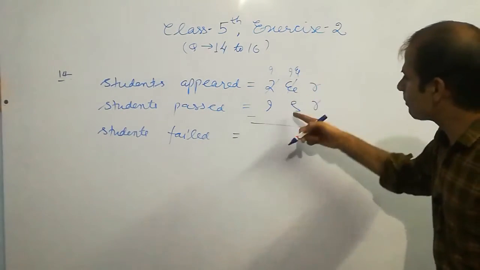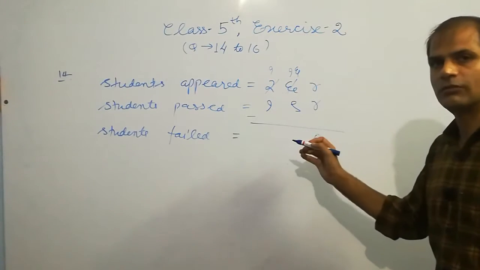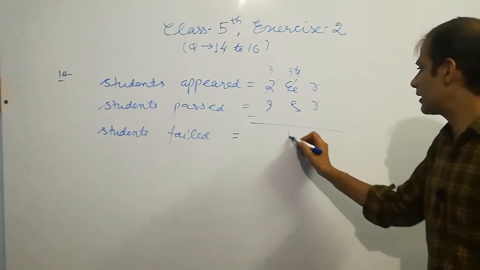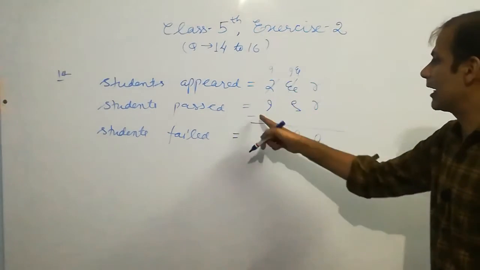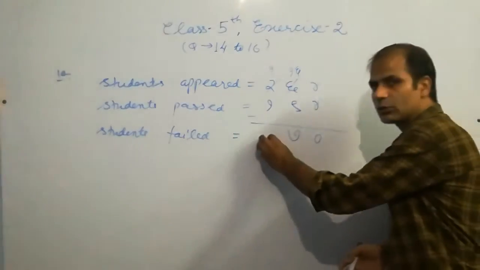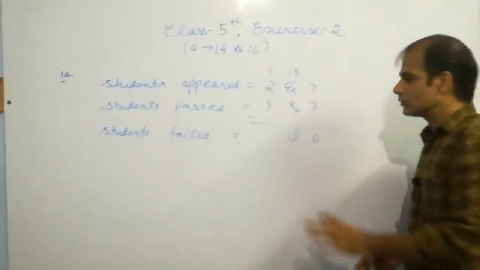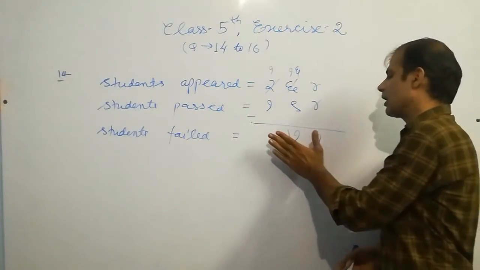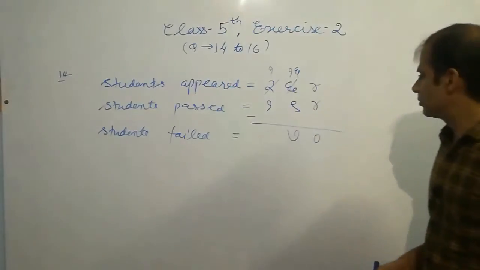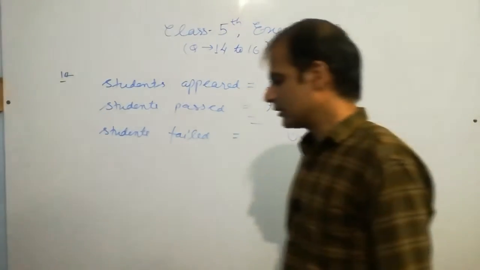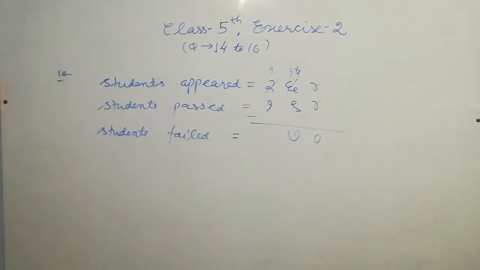So 16 minus 9 is 7, and 1 minus 1, 0. No need to write 0 because, do you remember? Yes, a number cannot start with 0. So the answer is 70. This much only. So it is question number 14 of exercise 2. The answer is 70. Pause the video and note.